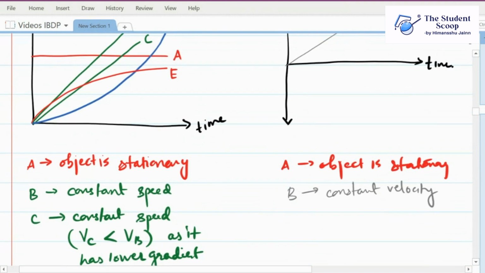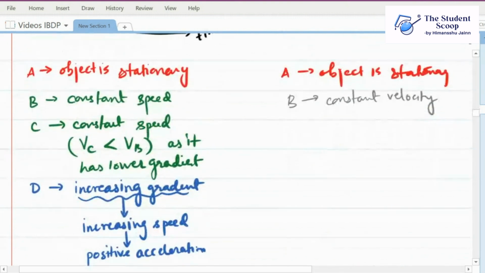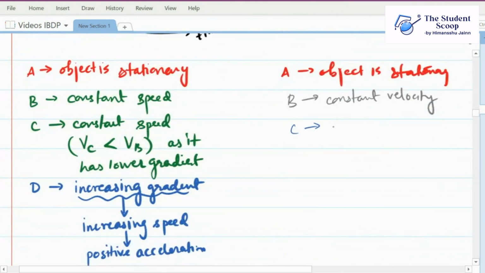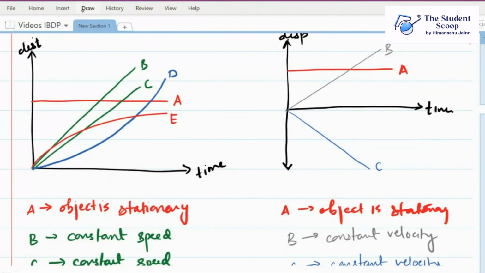Here, there is one more graph that is possible. Let's say I have an object which has velocity like this. What does this represent? Again, if it is linear, it will be a constant velocity, but in the negative or opposite direction. Then we have a curve whose gradient is increasing upwards, and a curve that has a decreasing gradient.